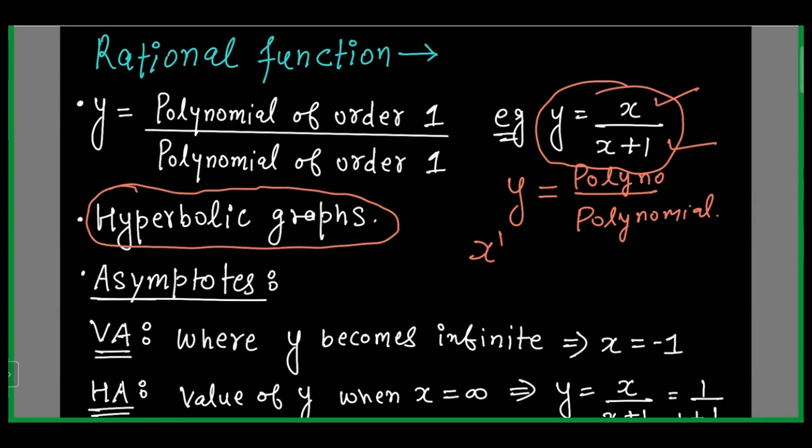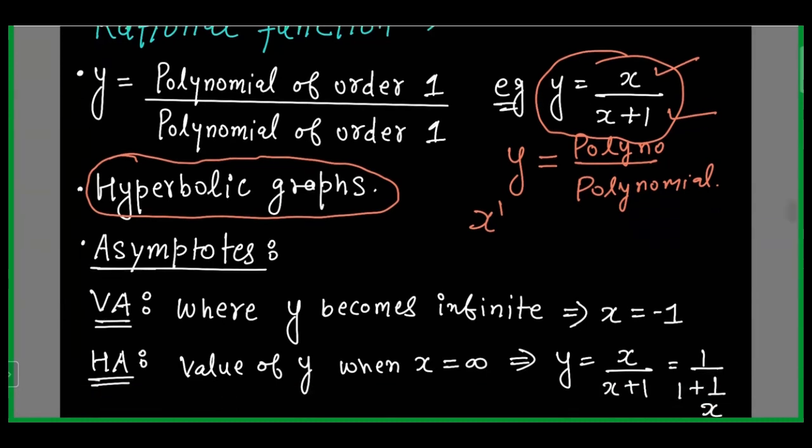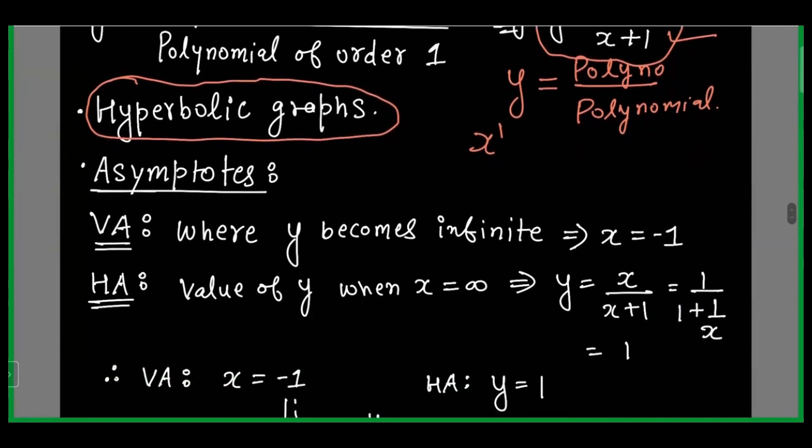And how do you plot this graph? You can plot this graph by making asymptotes. What are asymptotes? There are two asymptotes. One is the vertical asymptote and the other is the horizontal asymptote. So how do we find the vertical asymptote? The vertical asymptote is defined as the point where y becomes infinity.